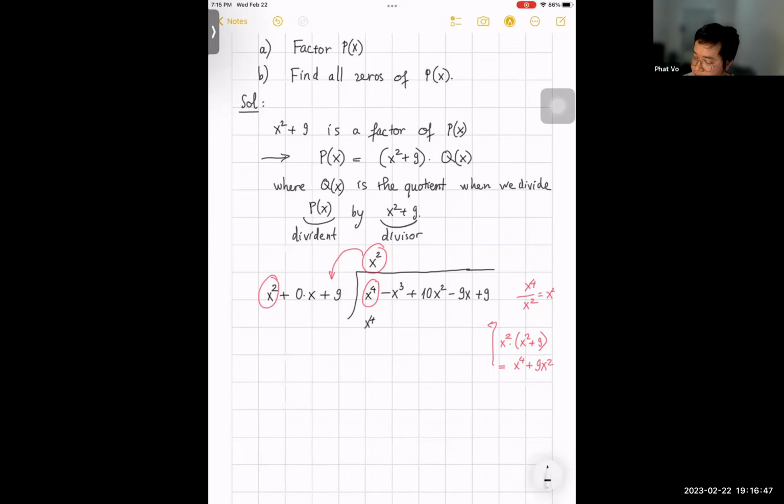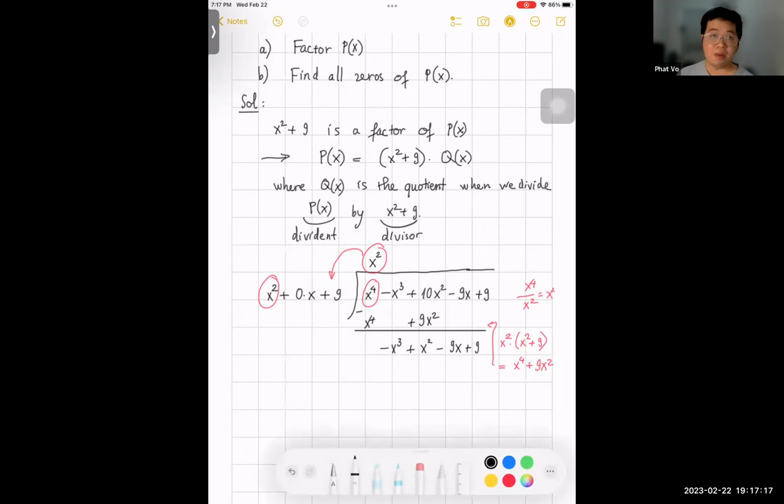Now we subtract these polynomials. x to the fourth minus x to the fourth is 0. Negative x cubed minus 0 is negative x cubed. 10x squared minus 9x squared is x squared. And then negative 9x plus 9.